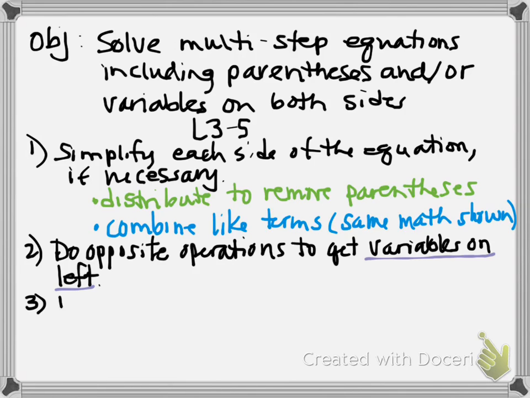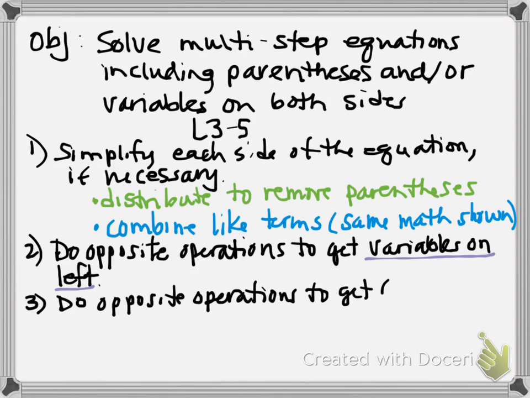Now we're going to do opposite operations to get constants on the right. And again, that's how our answer needs to be. So constants, those are the values that are numbers with no variables attached to them.